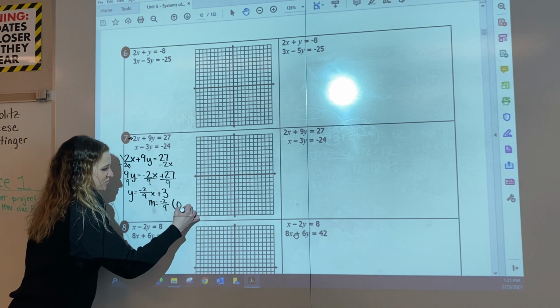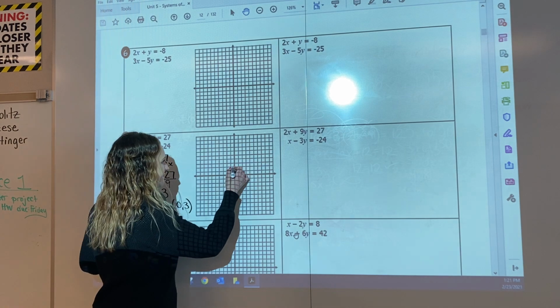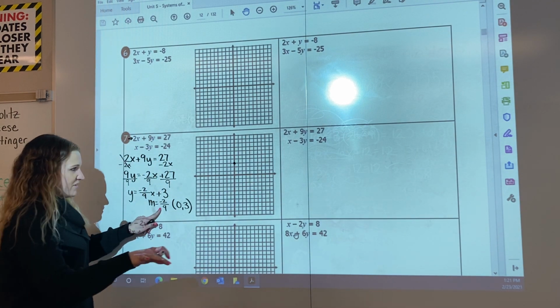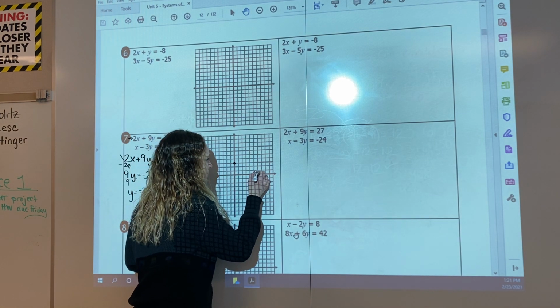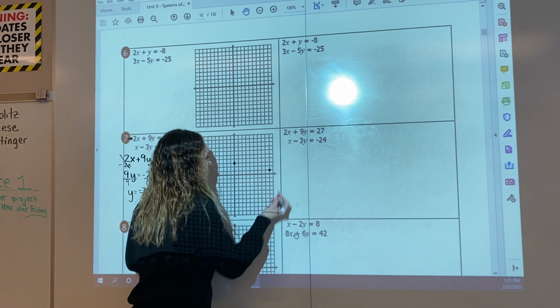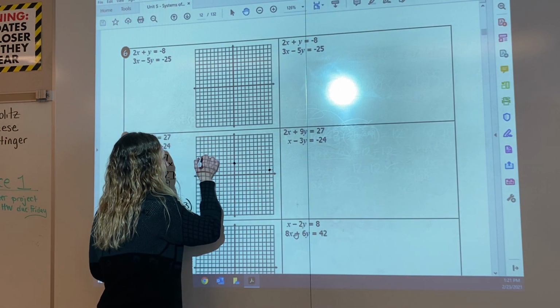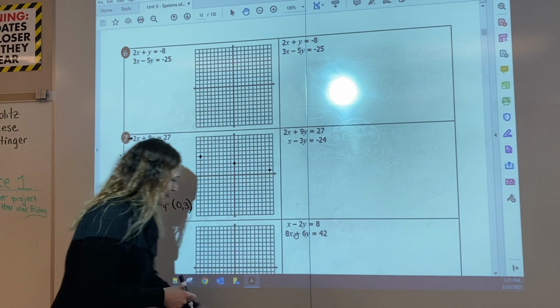The y-intercept would be (0, 3). Let's start there. There's (0, 3). Then I need to go down 2 to the right 9. And then I'm going to go up 2 to the left 9. Let's draw our line.